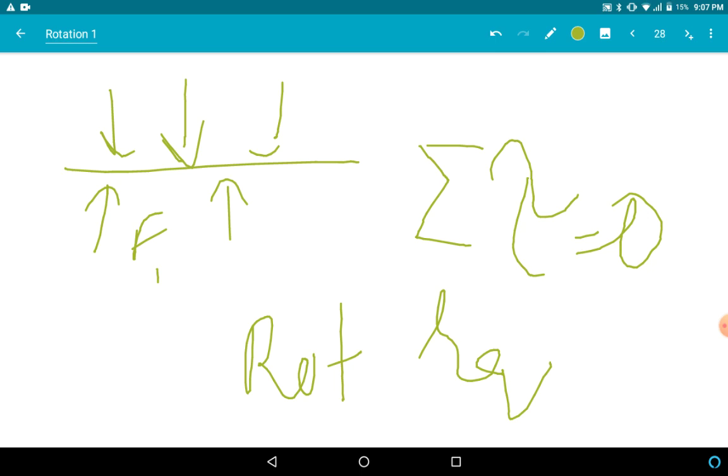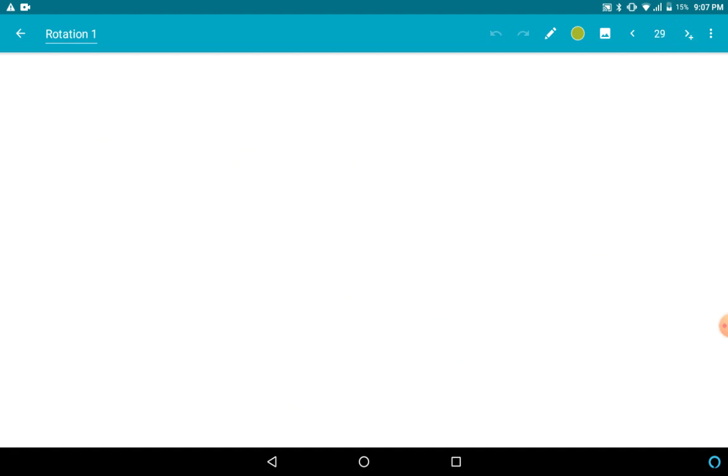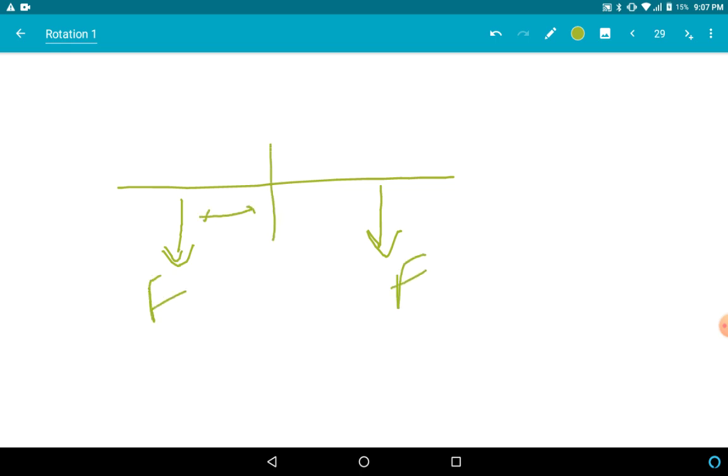Now say there is a body here and a body here, and both have the same forces, and the distance from the center is also the same, L, let's say. So one will move in this direction and the other will move in this direction.